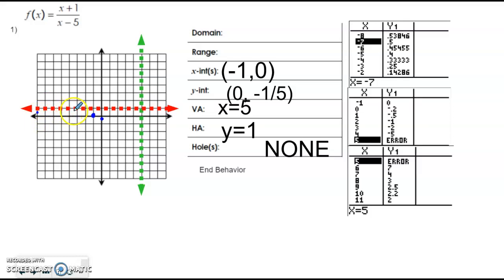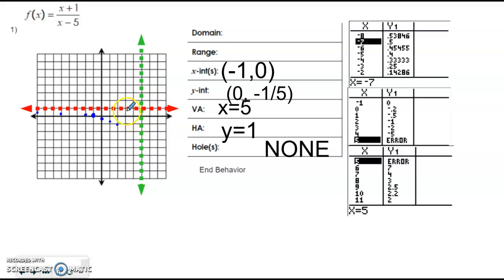I'm going to go a little bit. I'm going to go to negative 5, which is about here, and it's about 0.4. Okay, I'm going to go to negative 2, where it's about 0.14. Let's go to 1, and 1 is going to be at negative 0.5. If I keep going, if I go to 2, it's at negative 1.